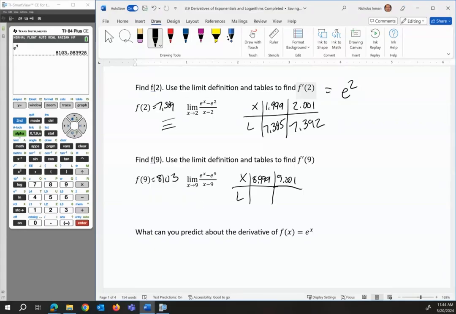The limit definition of a derivative says e to something just a little bit smaller than 9, minus e to the 9th, over a little bit smaller than 9 minus 9.